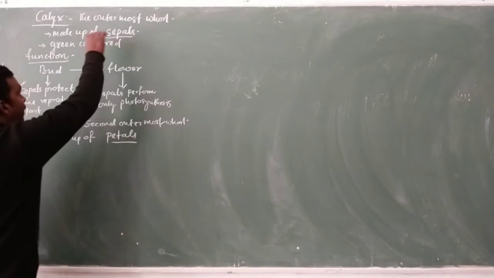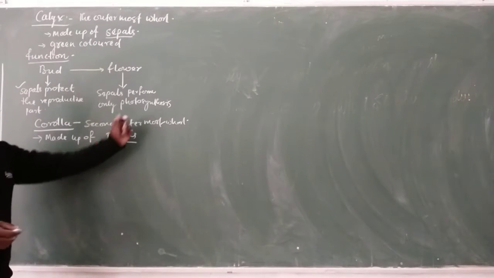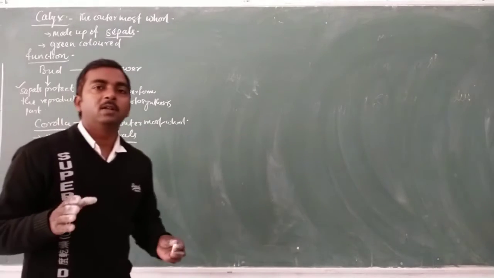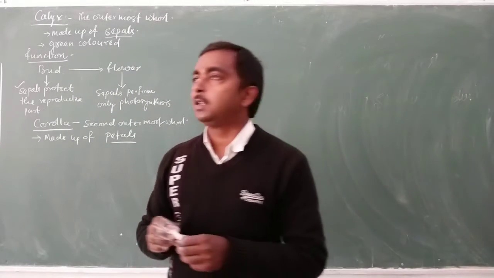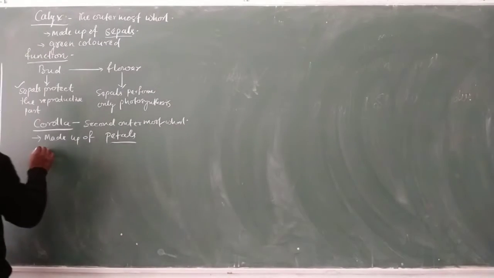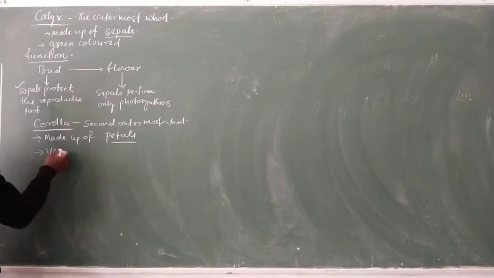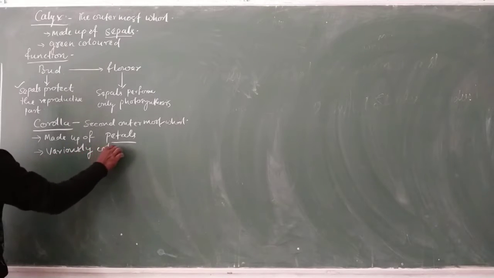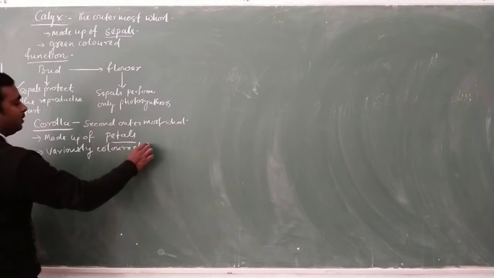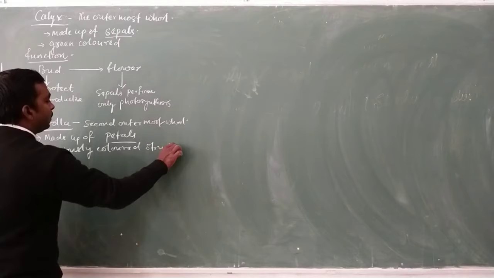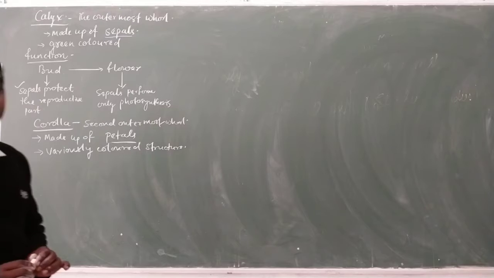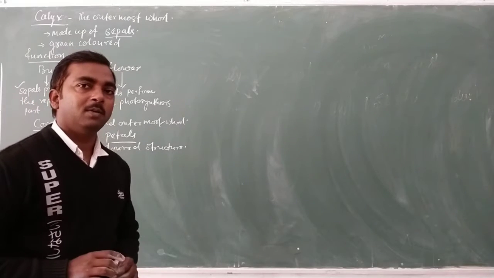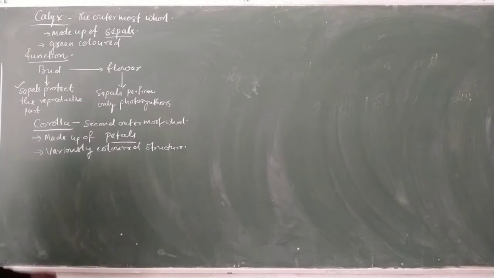The petals combined together are commonly known as the corolla, and these are variously colored structures. The corolla consists of petals, and these petals make the colorful part of the flower. We can see this easily in the case of a flower.